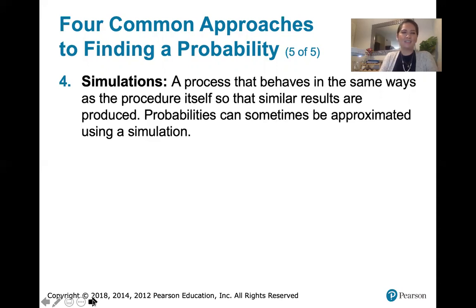Then you can calculate something very similar to the relative frequency approximation. You find how many times the event occurred in the simulation, and you divide by the number of times that the procedure was simulated. That's going to give you an approximation of probability, provided that your simulation is simulating what it's intending to simulate in a relatively accurate way. I'm using a lot of qualifiers, and you might ask what I mean by relatively accurate. All of it is intentionally vague because these things are difficult to measure.